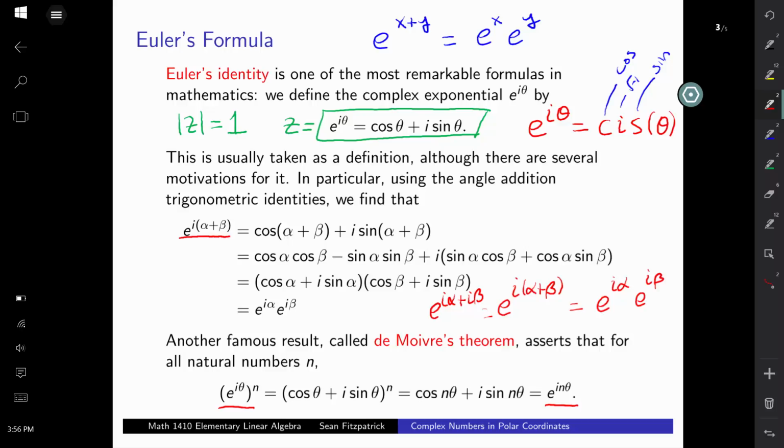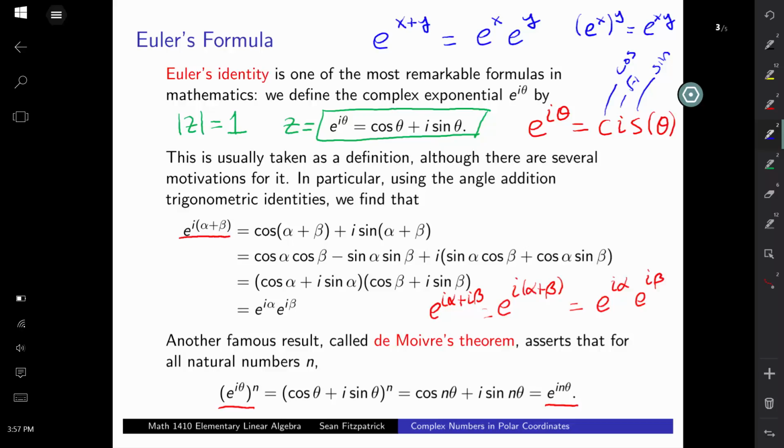And again, this should remind you of another one of the laws for exponents, which says that if I take e to the x and I raise it to the power of y, that's the same thing as e to the x times y. And so again, the laws of exponents seem to work when you have this square root of -1 sitting up there in the exponent.